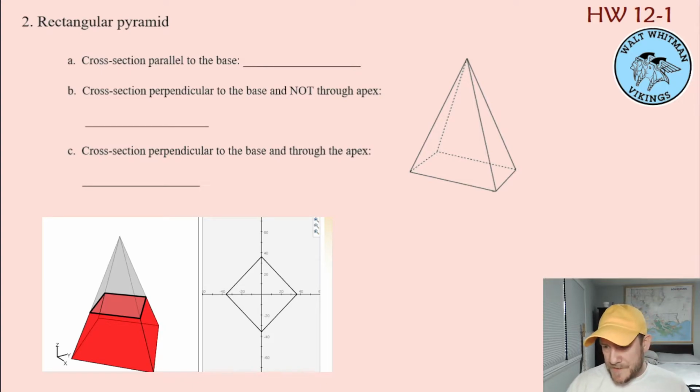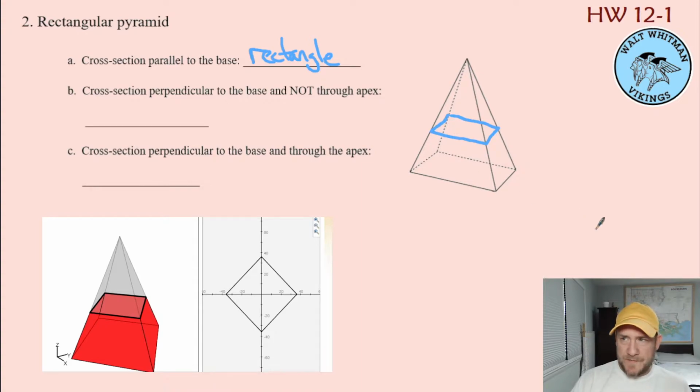So that means if we're talking about this actual rectangular based cone, then a slice that's parallel to the base is going to give us a cross section that is not a square but a rectangle. It's going to be similar to our rectangular base, so it's going to be a rectangle. Hopefully that makes sense.